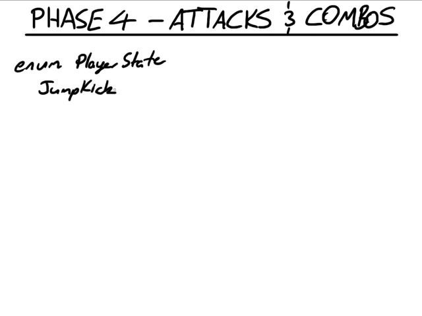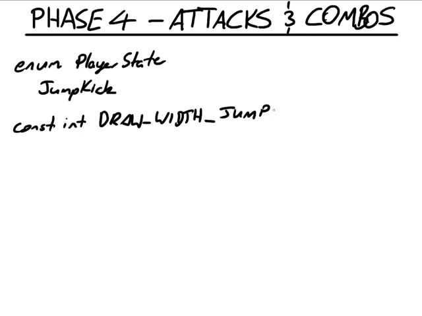After we've got that one done, we need to add in a const int, dot the i's and cross the t's, draw width for our jump kick. And that is going to be equal to 113.